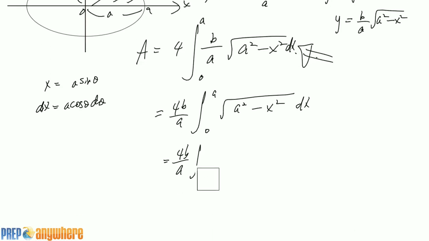And the limits of the integral, for now I'm just going to leave blank because we're changing to theta, and we're going to change the 0 to a in terms of the angle later. So we get a squared minus a squared sine squared theta, and dx is equal to a cosine of theta d theta.